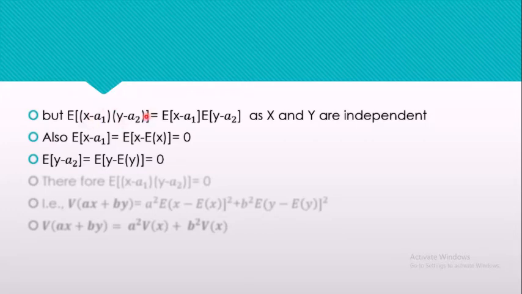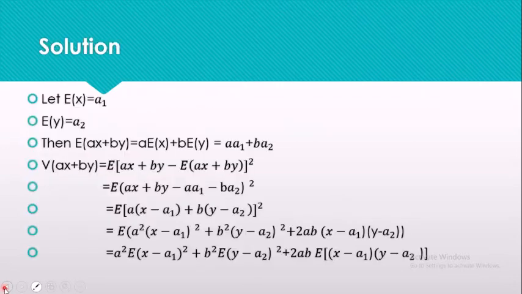So that means the third term in this equation, that is 2ab expectation of (x minus a1)(y minus a2), this thing is 0. And what is remaining here? We only have variance of (ax plus by) is equal to a square expectation of (x minus a1) square plus b square expectation of (y minus a2) square.